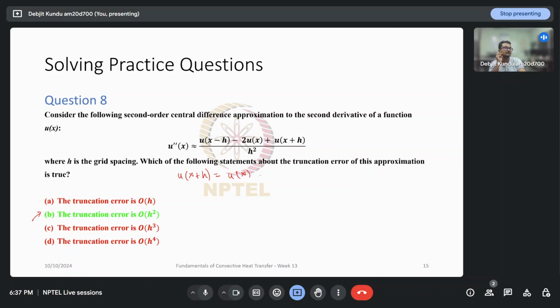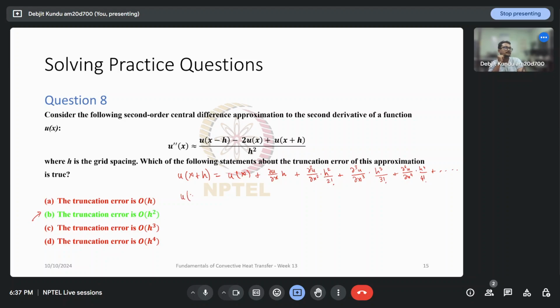We can say that it's equal to u(x) plus dou u dou x into h, plus dou 2u dou x square into h square by 2 factorial, plus the third derivative into h cube by 3 factorial, plus the fourth derivative into h power 4 by 4 factorial and so on.